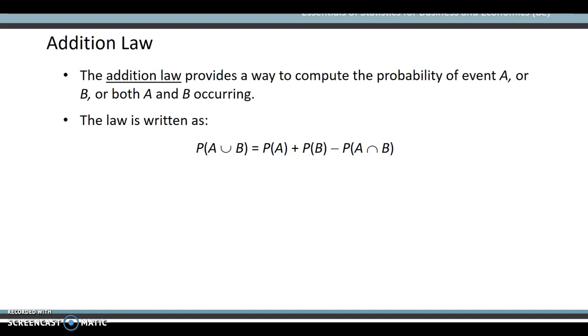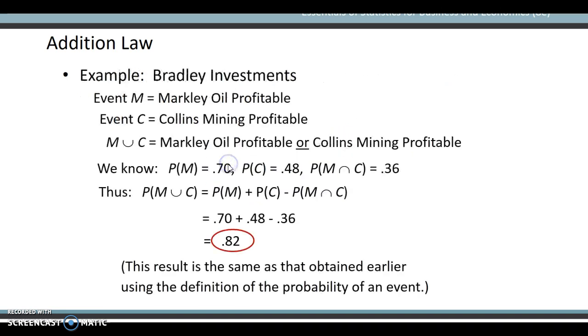Right there, we know that's a union, A union B. The probability of A union B is the probability of A plus the probability of B minus the probability of both A and B. We have to subtract out this probability of A intersect B, or both A and B, because that probability here gets counted twice in the probability of A and B. So we have to subtract that out to get the probability of A union B.